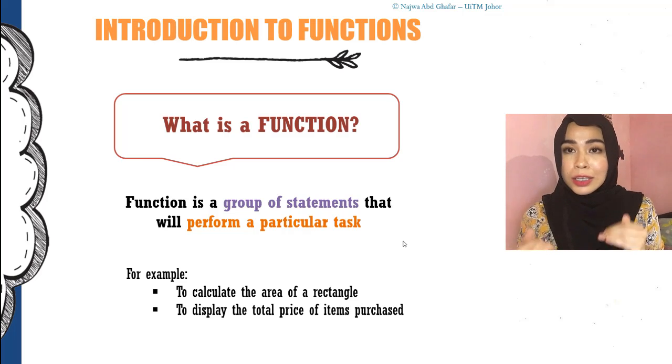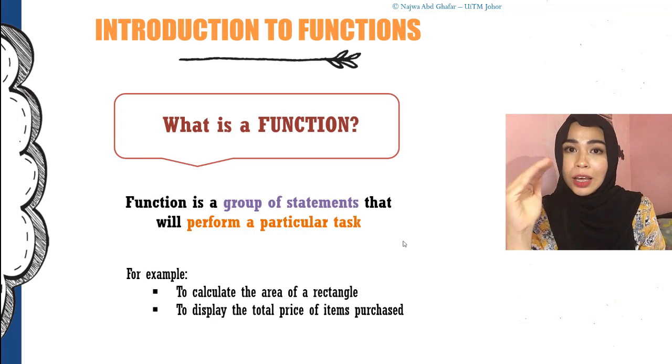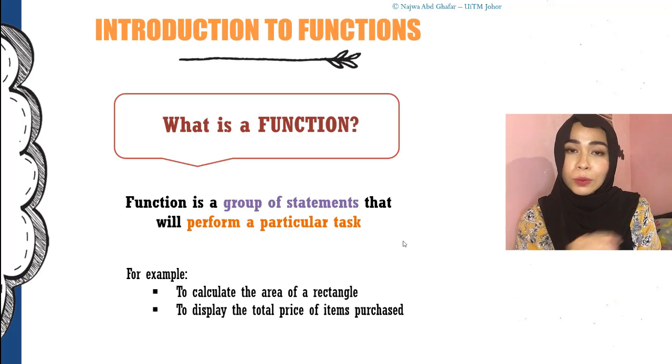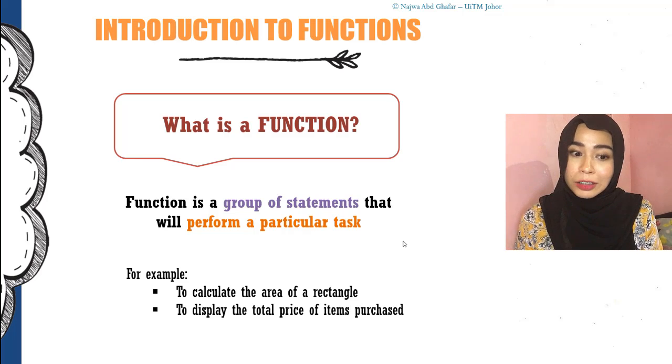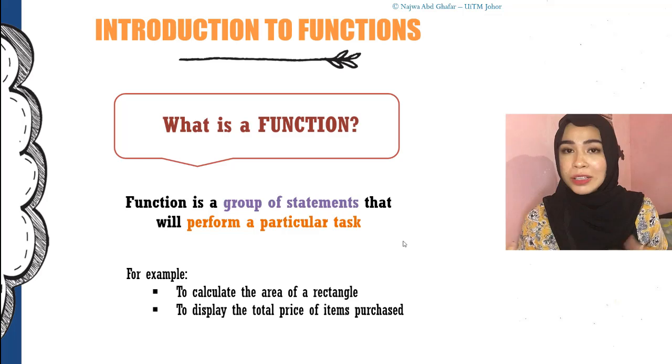Inside your function you will have a group of statements, meaning C++ code. Each line of code inside your function will do certain things that you want it to do. For example, you can create a function to calculate the area of a rectangle, or to display the total price of items purchased. You can use a function to do anything that you want whenever you call it.